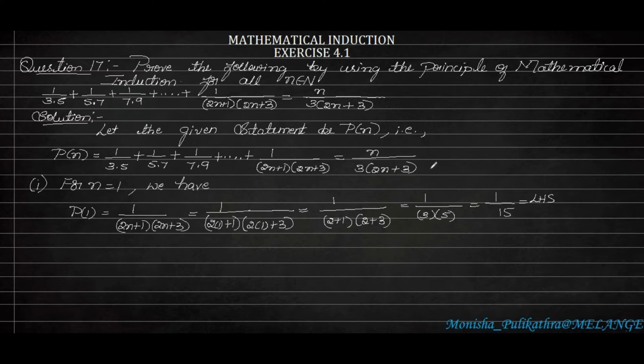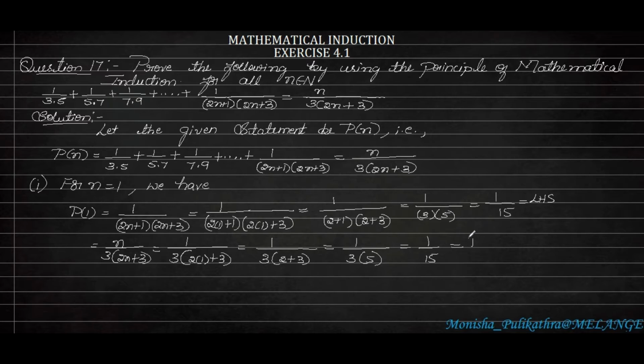Let us take the RHS part. The RHS part is n by 3 into (2n plus 3). We have to substitute 1 in the place of n. So 1 by 3 into (2 into 1 plus 3) is equal to 1 by 3 into (2 plus 3). 2 plus 3 is 5, and 3 fives are 15.